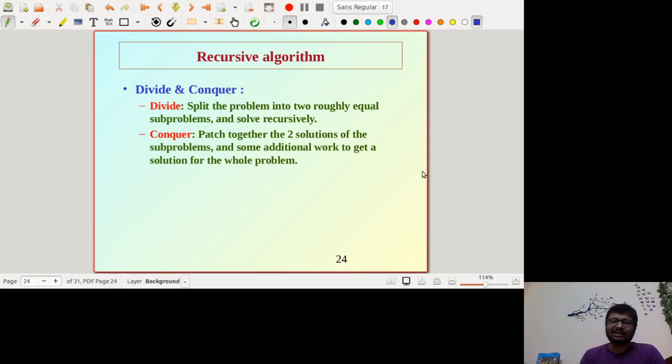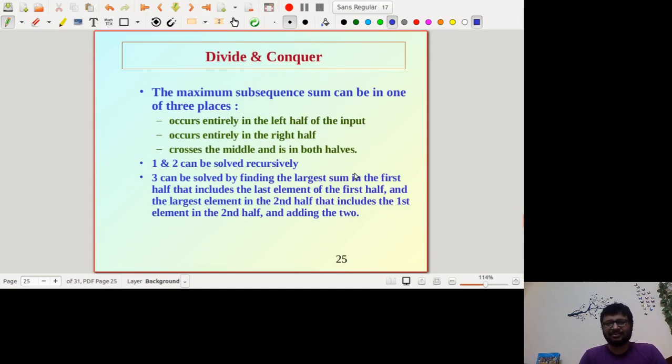You obtain the solutions to those subproblems, and then you combine those solutions together to obtain a solution of the original problem, with some more work. This is the conquer step. So it has two steps, divide and conquer, and we have seen such algorithms. Now we'll use this divide and conquer algorithm design paradigm to design an even better algorithm for the maximum subsequence sum problem.